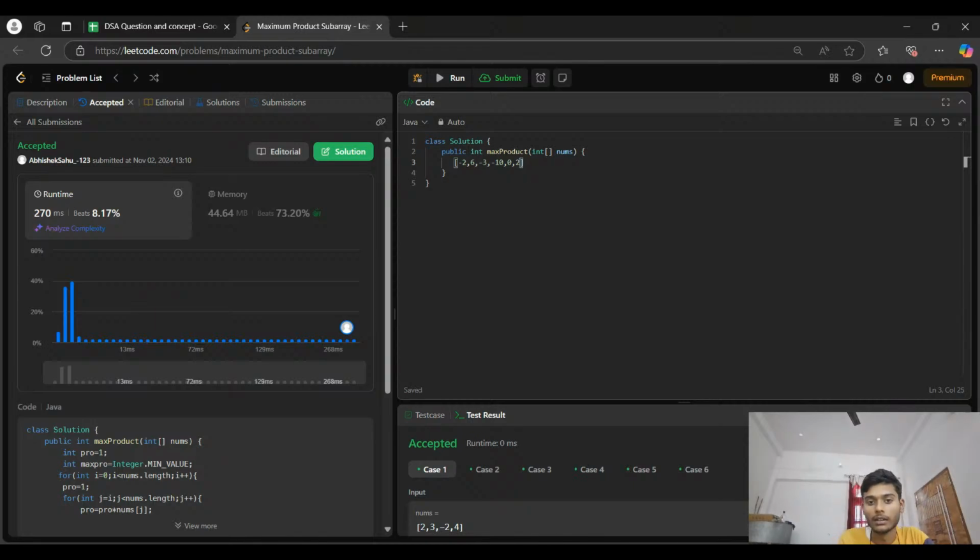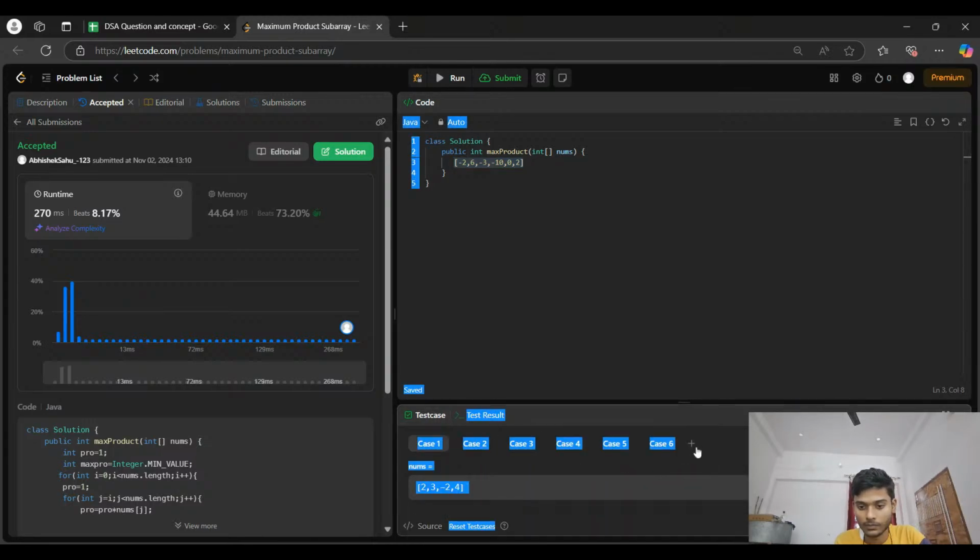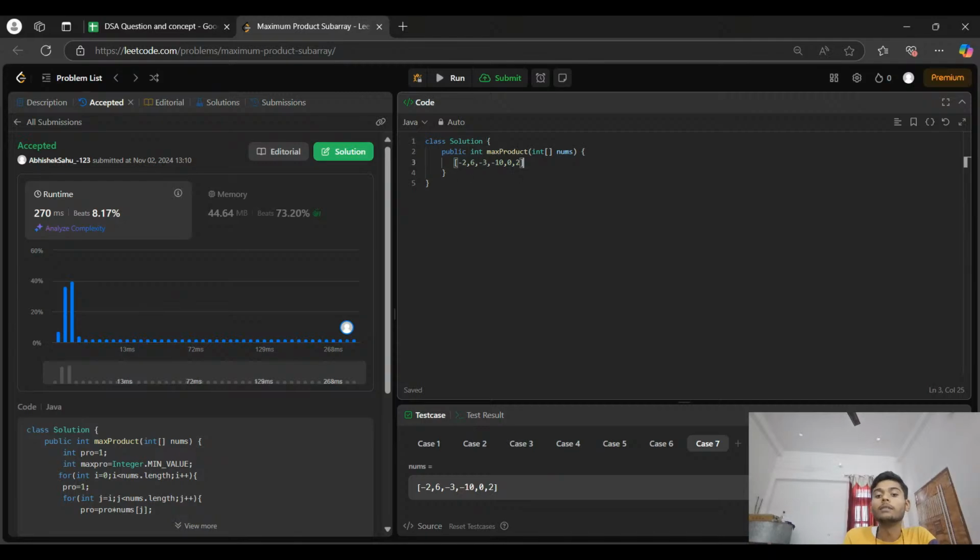This is an array, right? You must consider this test case. If we multiply everything as a single choice, it also gives me some wide range.